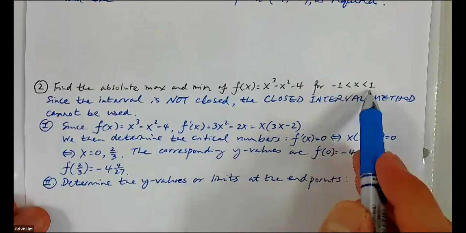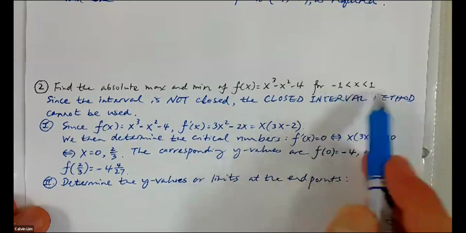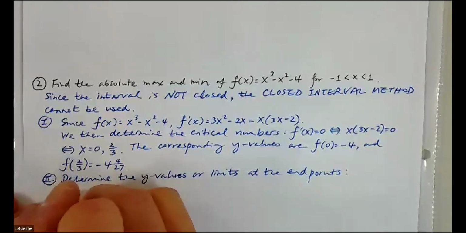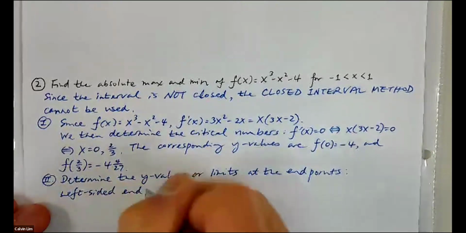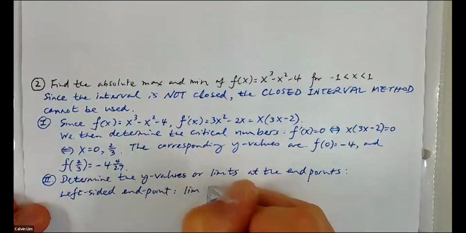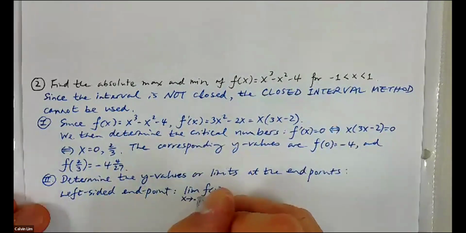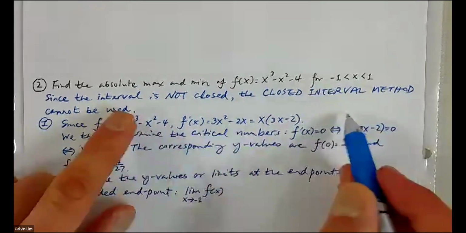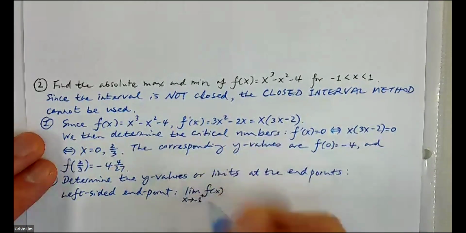Now both endpoints are open, so you need to use limits for those. The limit at the left endpoint is the limit of f of x as x approaches -1 from the left or from the right? If you're approaching a left endpoint, you're approaching it from the right. So it's from the right.